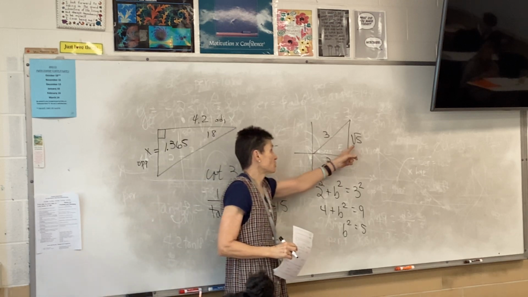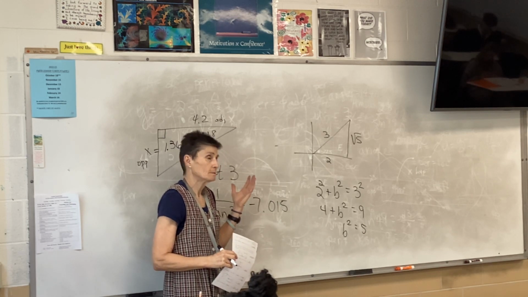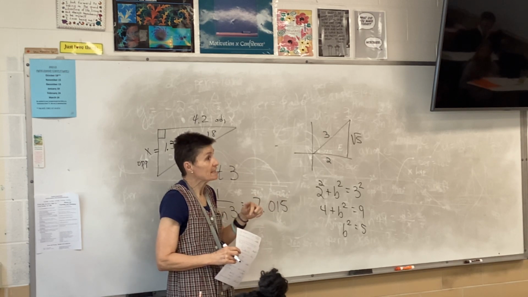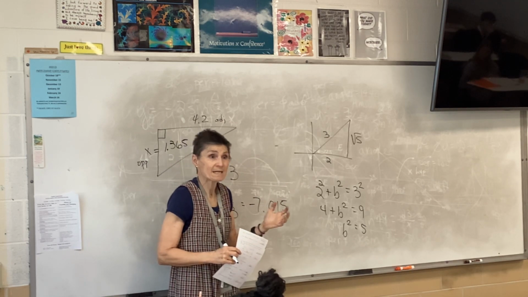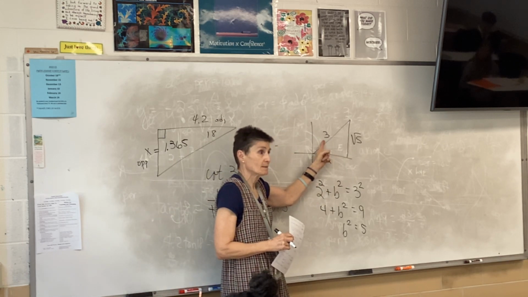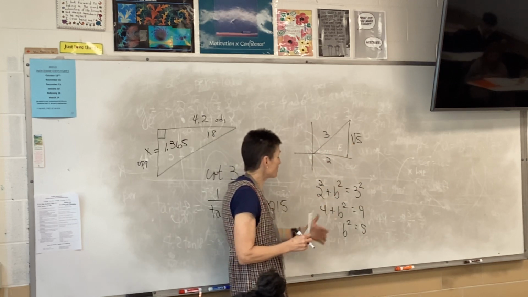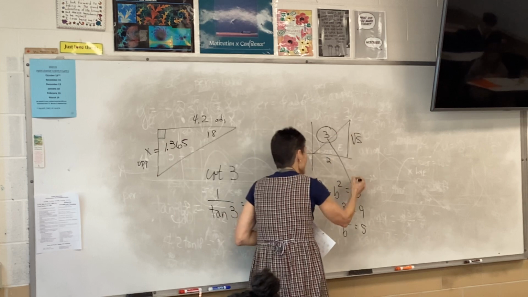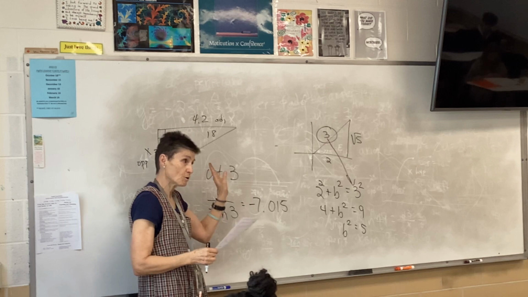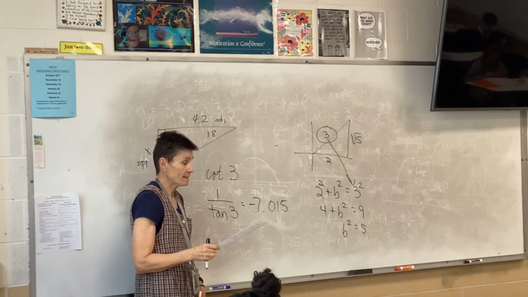Now, those of you that put the square root of 13 there, first of all, crazy. But second of all, the square root of 13 is bigger than 3. Can this side be more than this? No, that doesn't even make sense. When you do the Pythagorean theorem, the hypotenuse is here, always. Draw your picture. All right? Anything else?